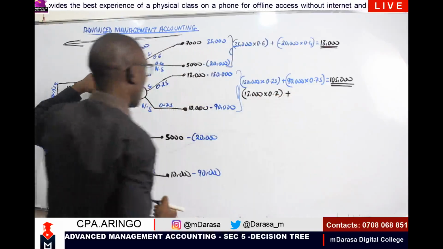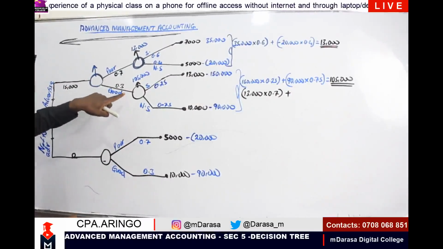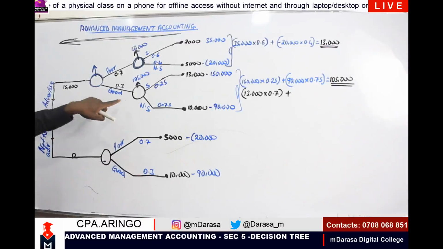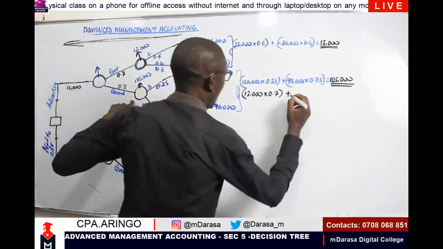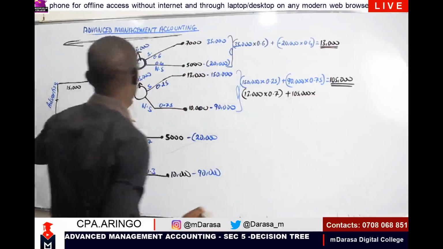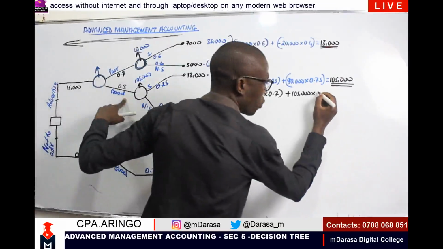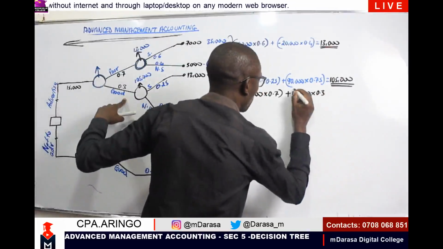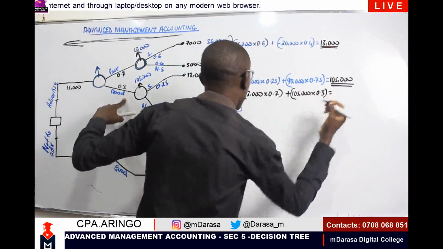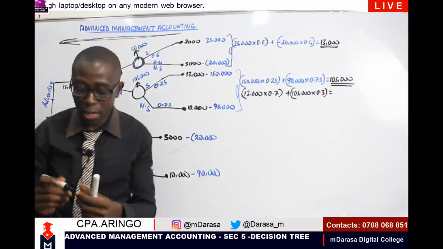We are going to add the expected revenue if we have advertised and the weather is good, which is 105,000. The probability that the weather will be good is 0.3. So at the end of the day, what will we be having at that point?